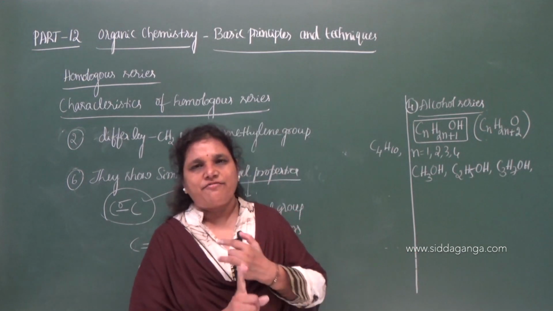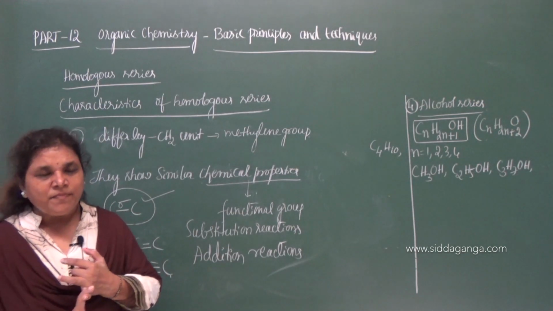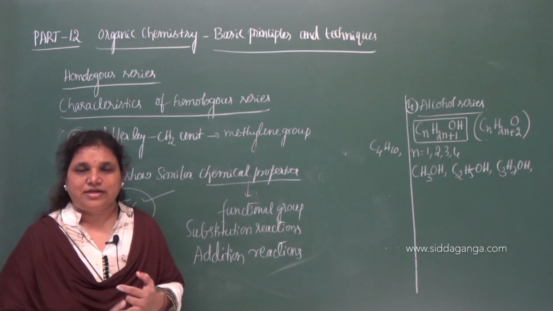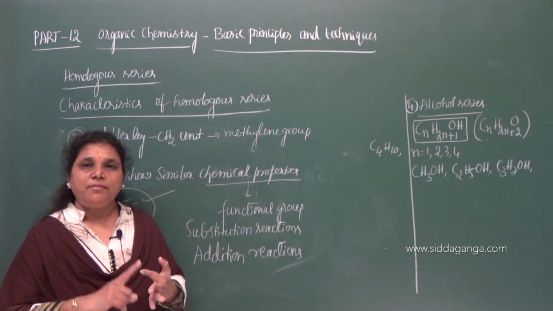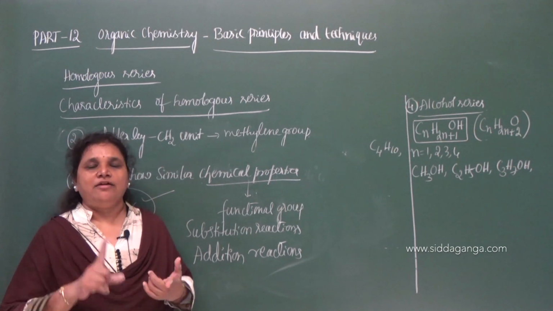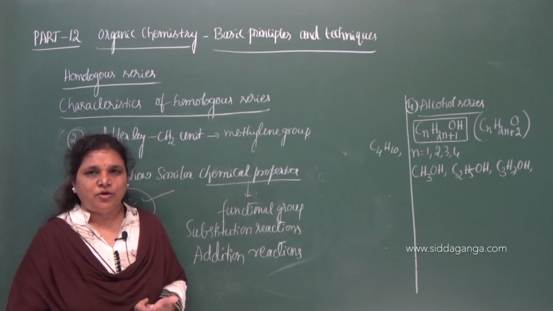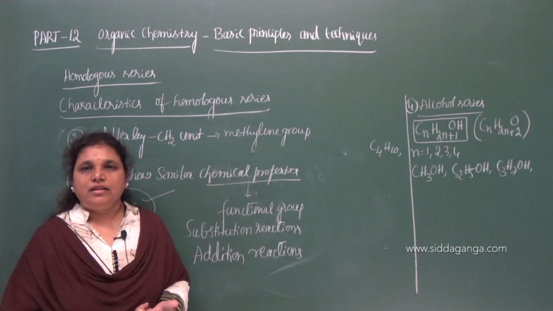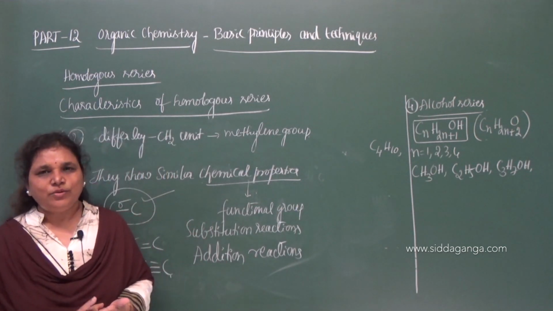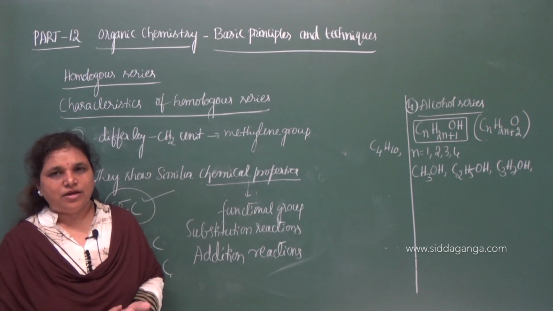All the members of a homologous series are represented by a single general formula. Every successive member in a series differs by a CH2 unit, that is, a methylene group. All the members of a series can be prepared by using a common chemical method. Because every successive member differs by a CH2 unit, they differ by 14 units in molecular mass, or 14 atomic mass units.